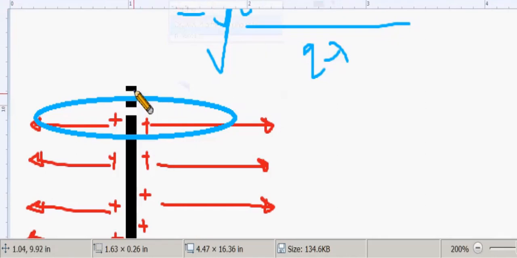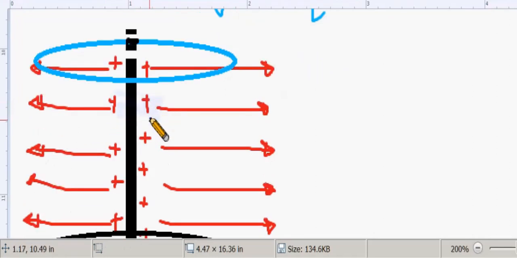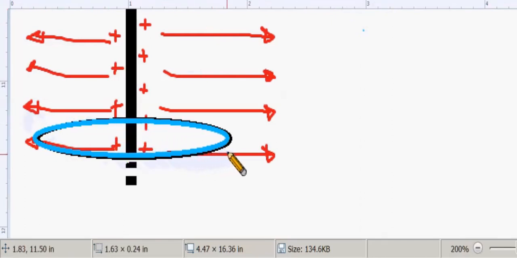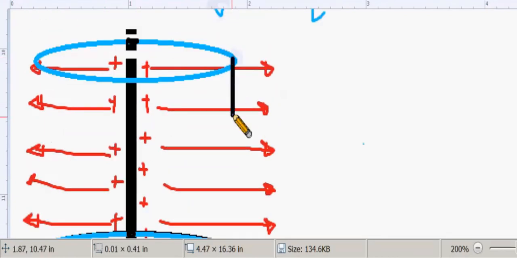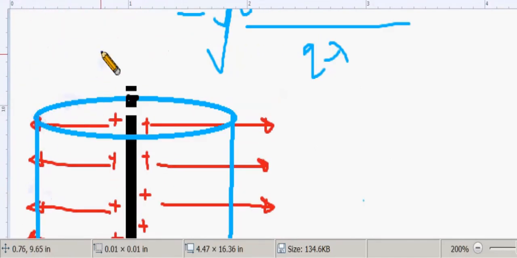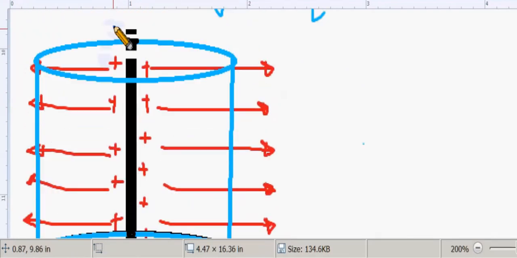So we draw a cylinder. This cylinder is the Gaussian surface, a closed one. We should use a closed one.